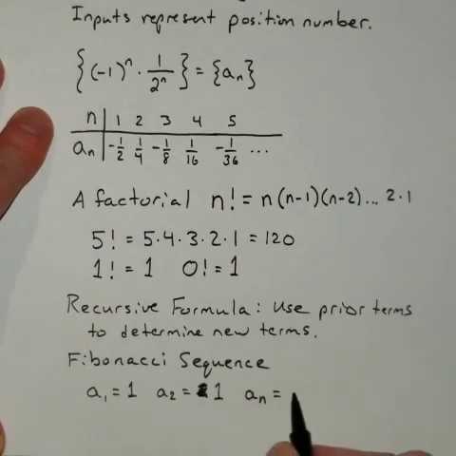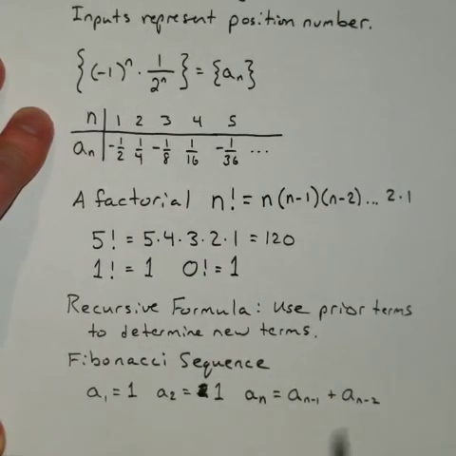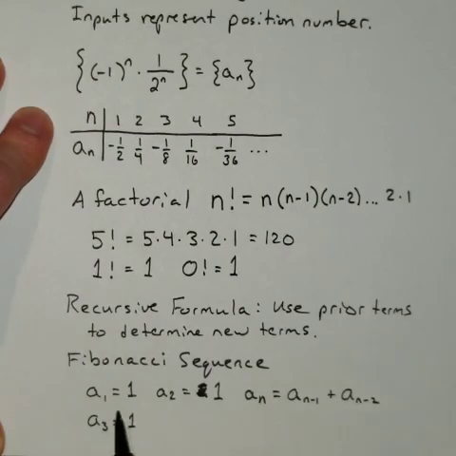So a sub n would be a sub n minus 1, that's the previous term, added to a sub n minus 2, which is 2 terms ago. So for a sub 3, if n is 3, then n minus 1 is 2, that'd be a sub 2, and n minus 2 would be 1, so it'd be a sub 1, which is 1, and you get 2.